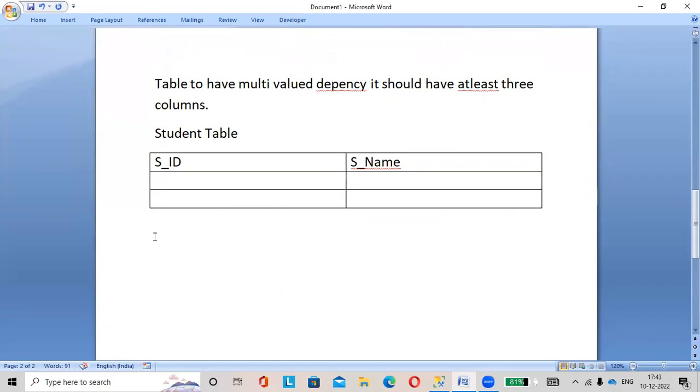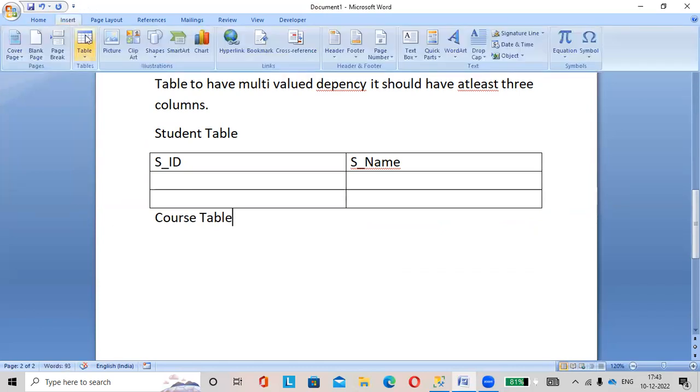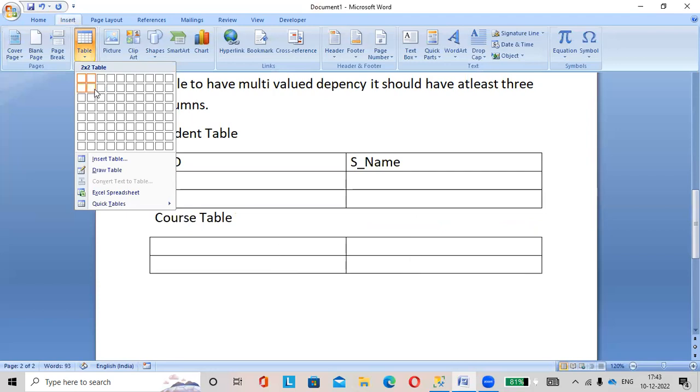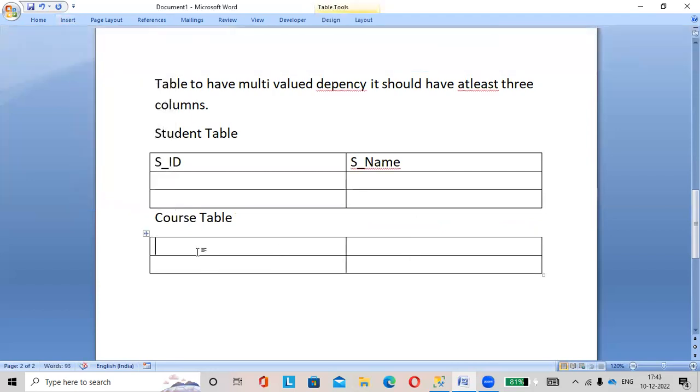The next course table: course ID, course name.